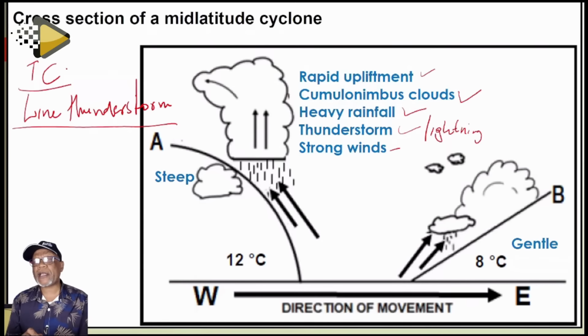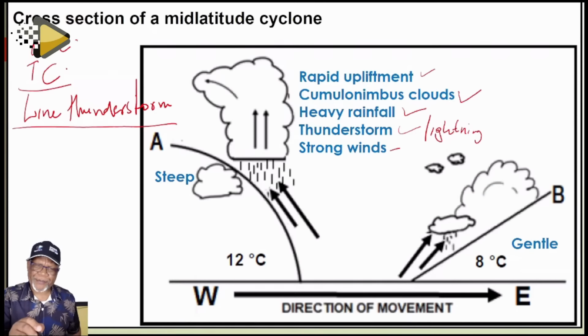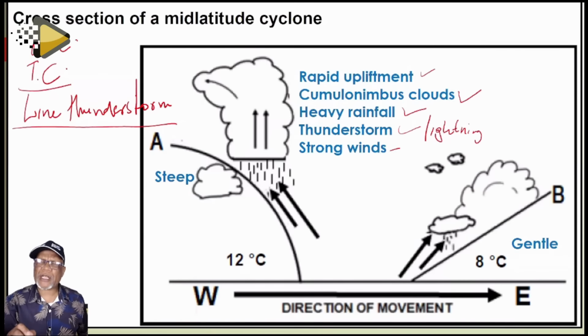That is what I also emphasized in our previous lesson. In our previous lesson, I said we have three systems or three weather phenomena that have cumulonimbus clouds. Number one is a mid-latitude cyclone, which we have here, the tropical cyclone and line thunderstorm. Now, what are the impacts? What are the impacts of these clouds?